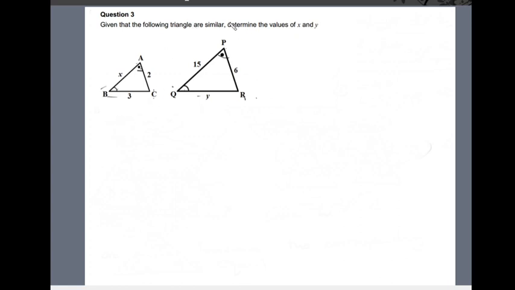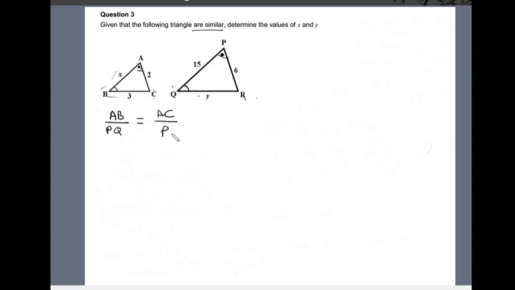So because they tell us that these triangles are similar, these corresponding sides should be in the same proportion. Because they are in the same proportion, I can say AB over PQ is equal to AC over PR, right?